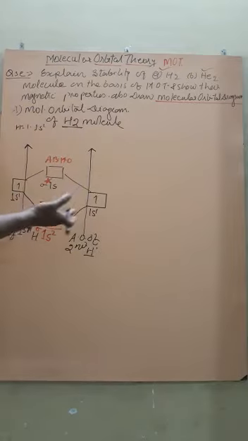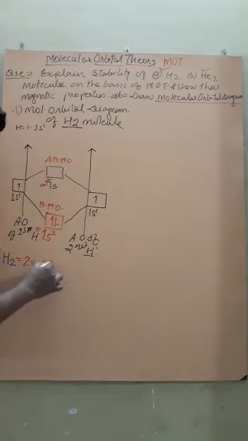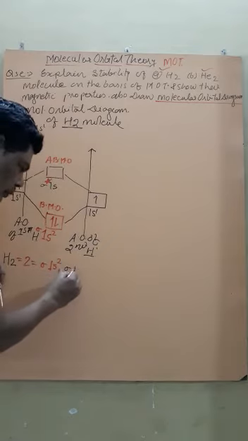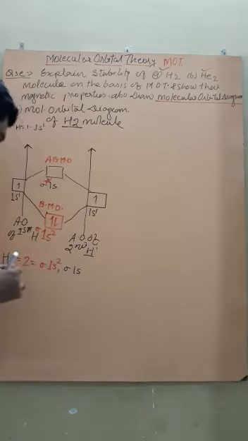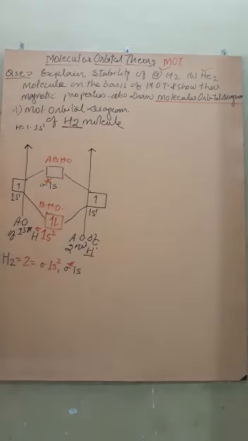Now the two atomic orbitals after overlapping lose their identity. That means it now becomes H2, and the number of electrons becomes 2, and the electronic configuration is written as sigma 1s2. If you want, you can also mention sigma star 1s with no electron, since it belongs to anti-bonding.